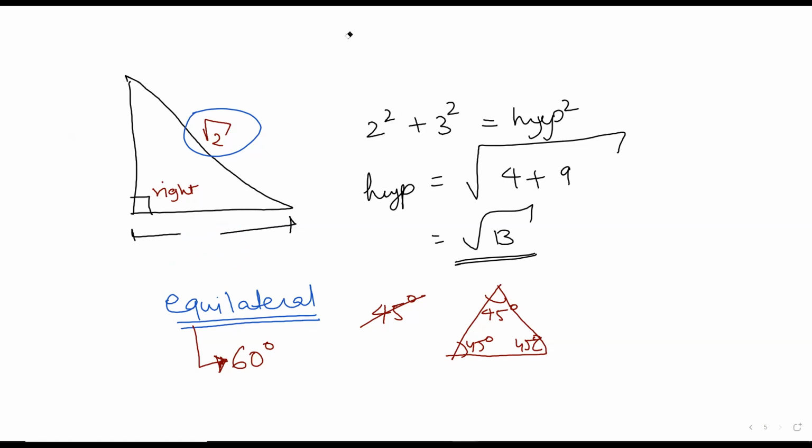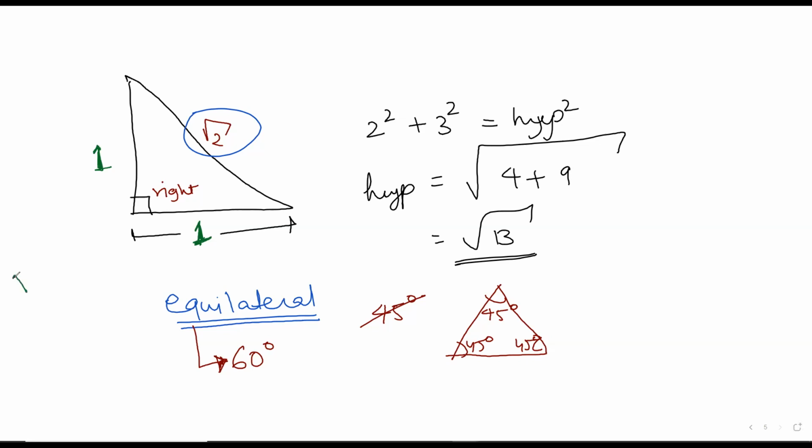Now let's think about what that something else can be. Think. Okay, how about 1 and 1? Can we have this? If this is 1 and this is also 1, then will our hypotenuse come out to be root 2, right?